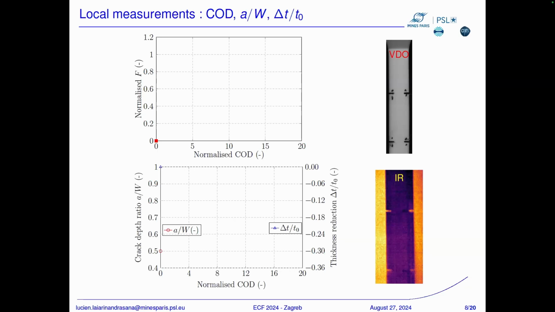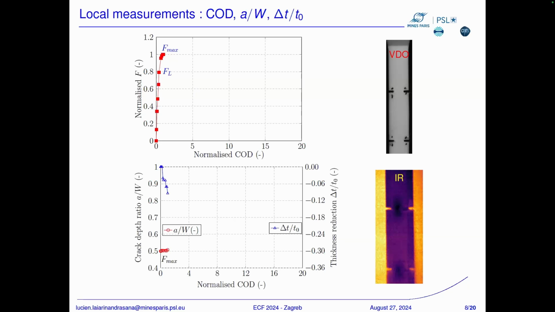Okay, so this is what happened at the limit load. You can see that first there is a thickness reduction here, and the crack is stationary. Second step, at the maximum load, the thickness reduction still continues to decrease.